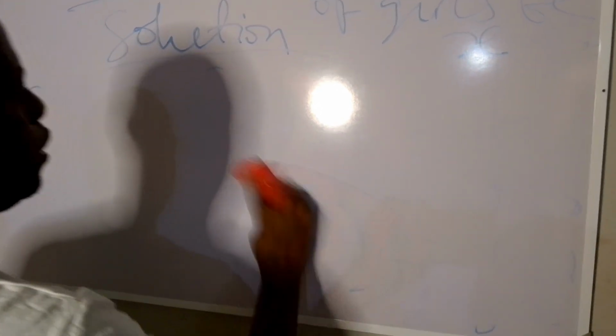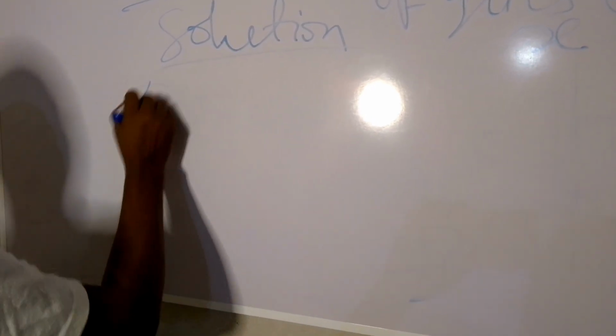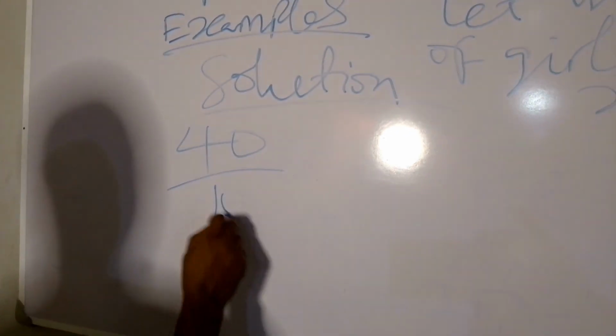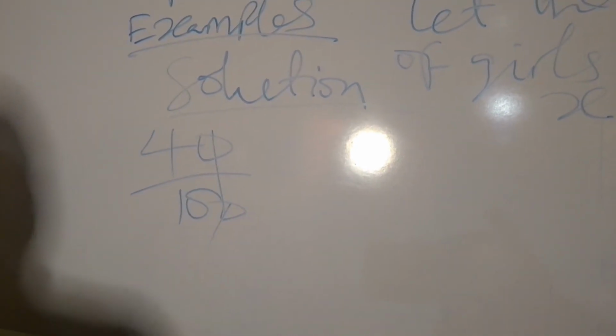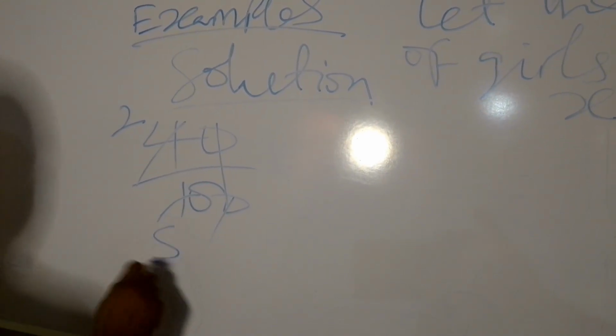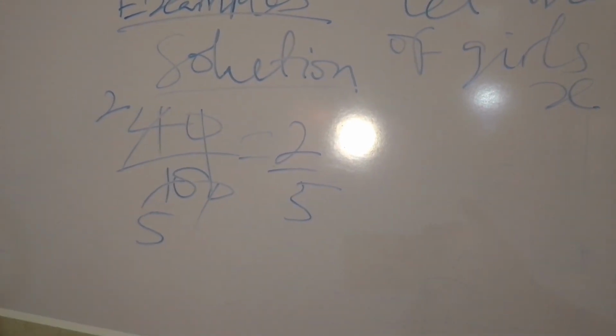There were 40 boys and we have gotten the number of girls to be 100. You put your 100 there. You divide. 2 into 4 is 2. 2 into 10 is 5. This becomes 2 over 5. It means the answer is correct.